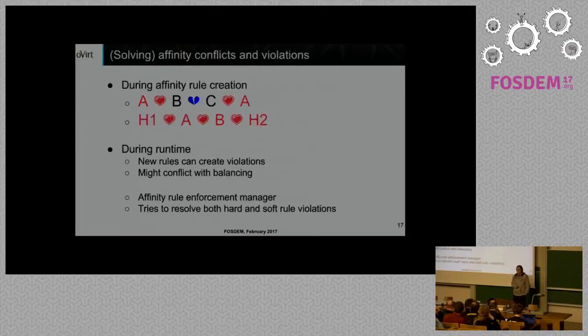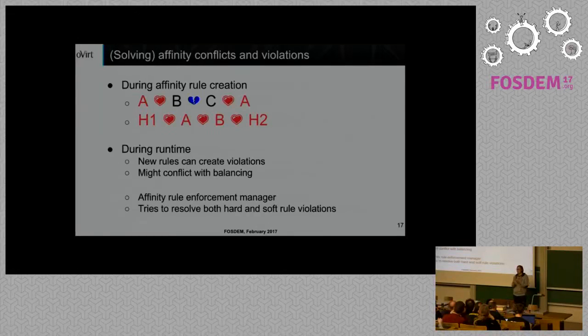So now, when you create new affinity rules, what you can get is an affinity conflict. Look at my example here. I hope you like my formula. Basically, in the first case, there is some object A and it has a hard affinity to B. Let's say those are VMs.